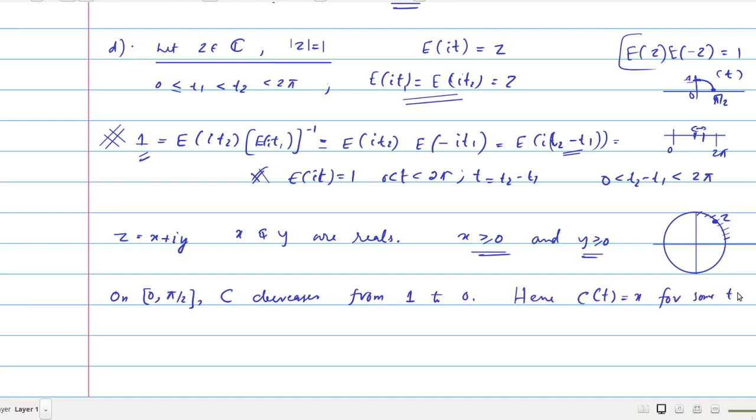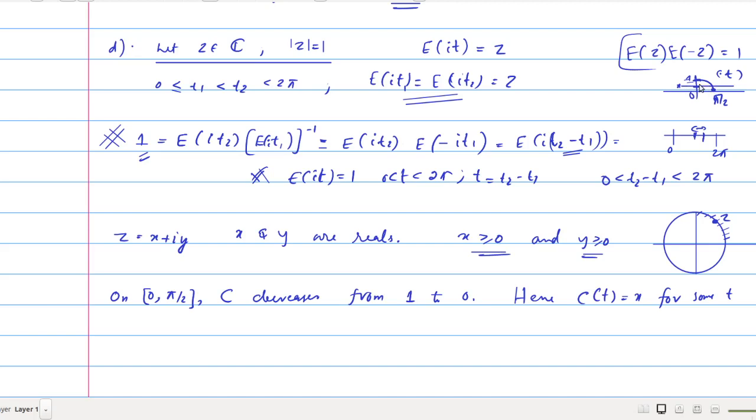That means if you consider any x greater than or equal to 0, then choose that x, and consider a straight line passing through this x.